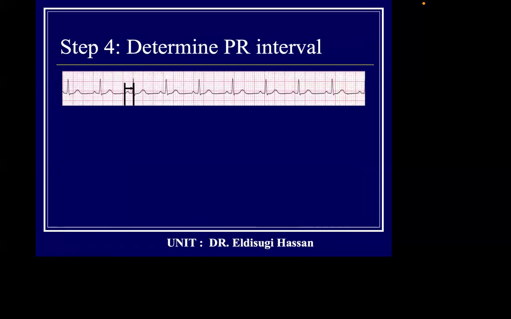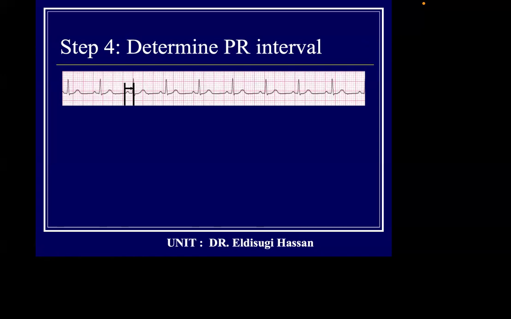So after you assess the P wave and you pick up the abnormalities of the P wave in the rhythm strip, usually lead 2, and in V1, you come to determine the PR interval. The PR interval is usually from the start of the P wave to the start of the QRS complex.